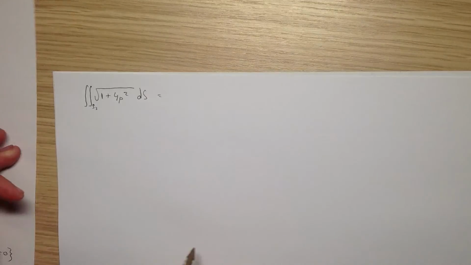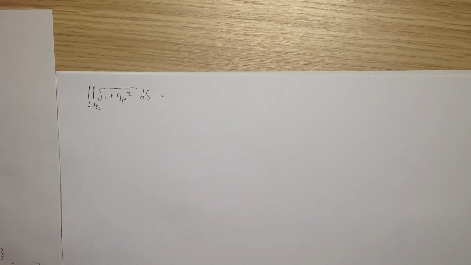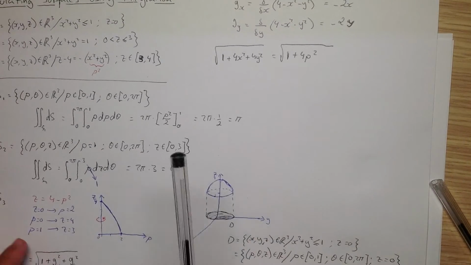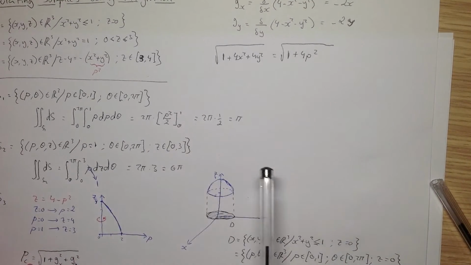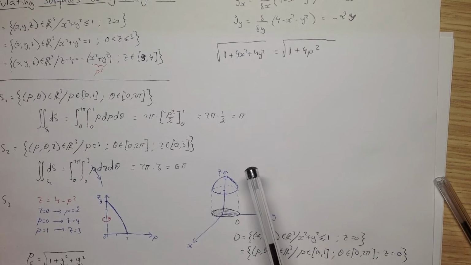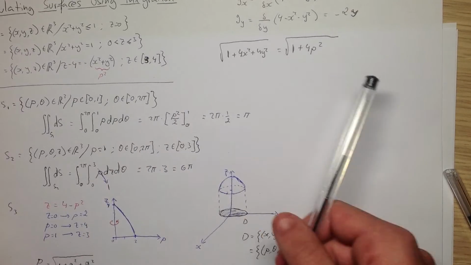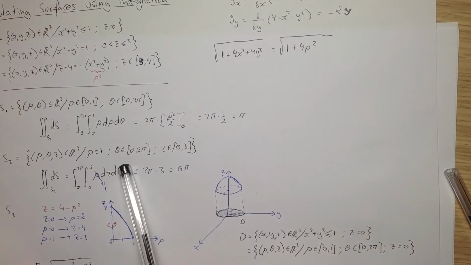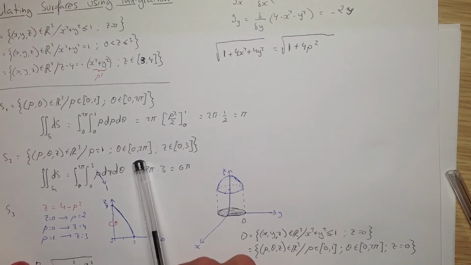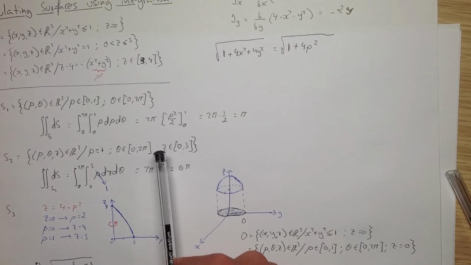What will our limits of integration be? Well, let's see rho, what, theta from 0 to 2 pi, and no, this is the other one.